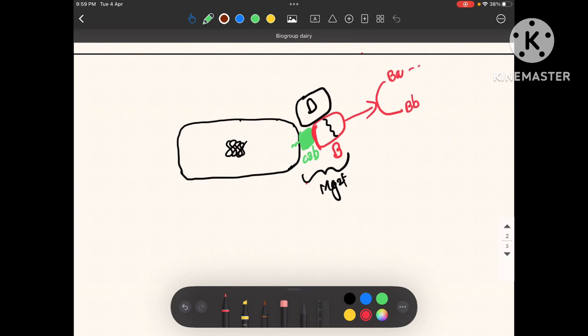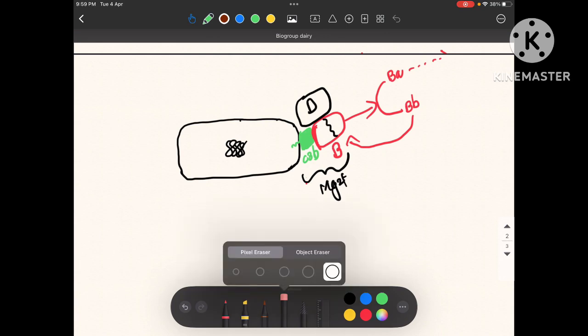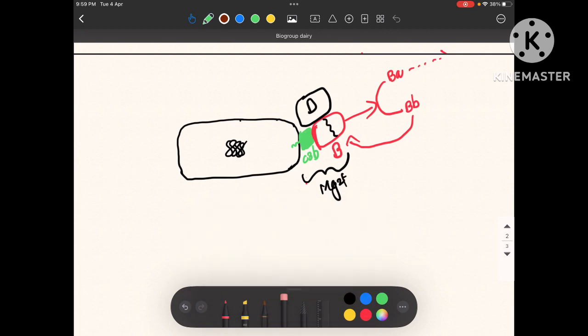The smaller fragment diffuses away, but the larger fragment binds to the bacterial surface along with the C3b. So now, instead of factor B, we can write Bb.